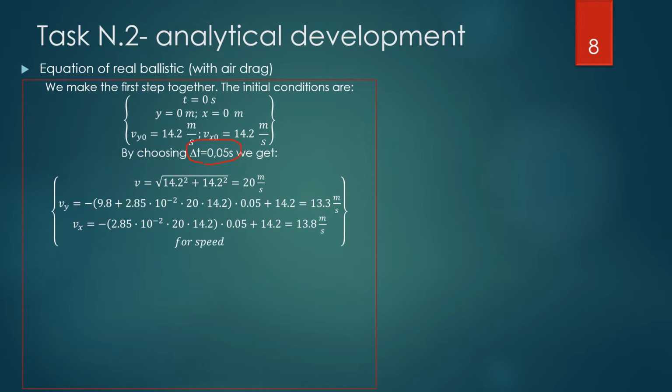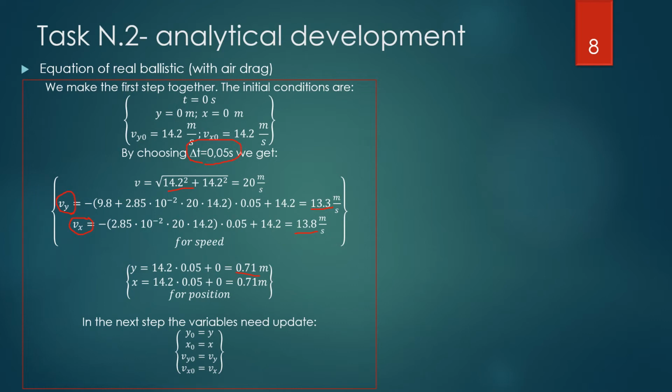The smaller the step, the finer the solution, but the more time for solving it. Also, by replacing the values we have found, including velocity, 20 meters per second, we find for the time delta t the new values of Vy 13.3, which is less than 14.2, and Vx 13.8, which is also less and different. And for the position, we get 0.71 for both, which is different from 0, so the space is increasing.